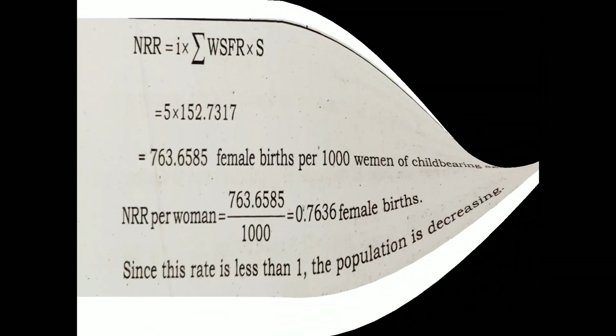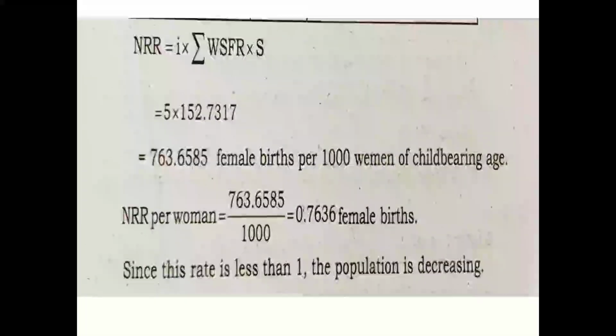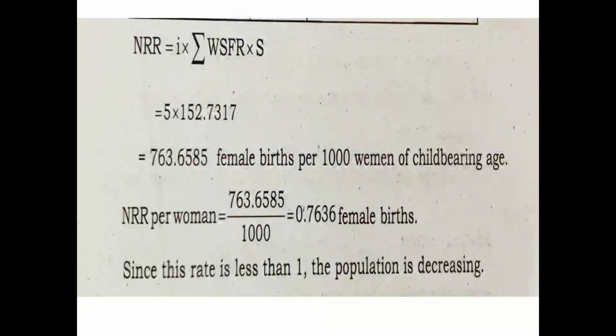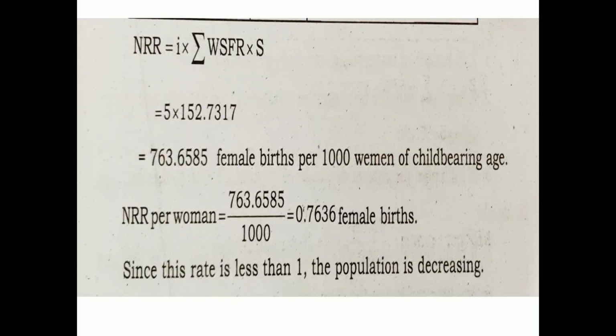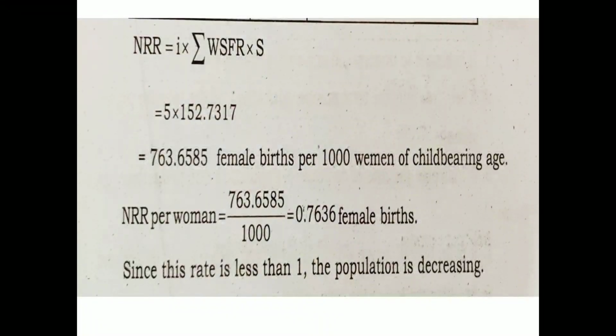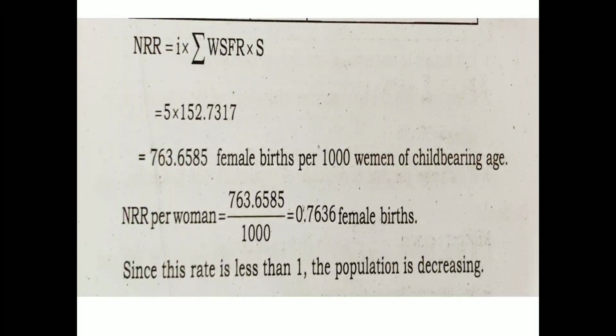Next you need to calculate NRR. NRR is equal to I into summation WSFR into S, which is equal to 5 into 152.7317, which is equal to 763.6585 female births per 1000 women of childbearing age.